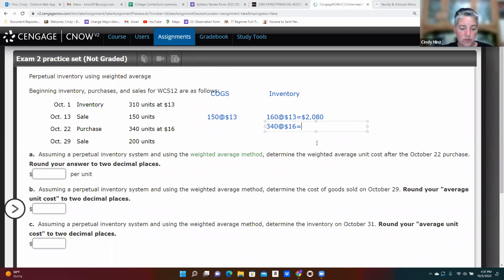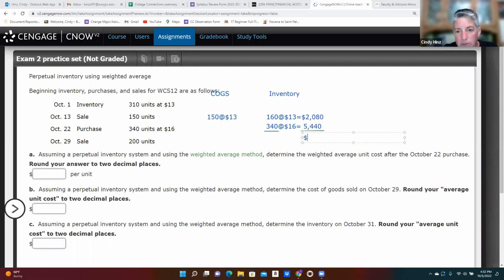Remember, these formulas for calculating weighted average are right in Brightspace for you in the Chapter 6 reference materials folder. To find this new average after we make the purchase, we're going to add to find the total cost of our inventory, and add to find the total units in our inventory.